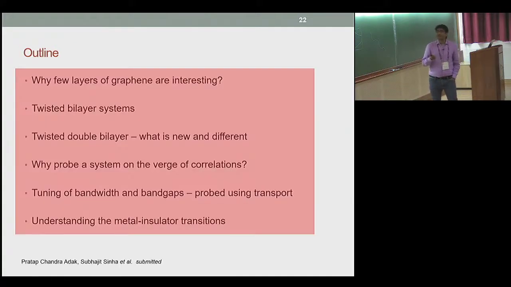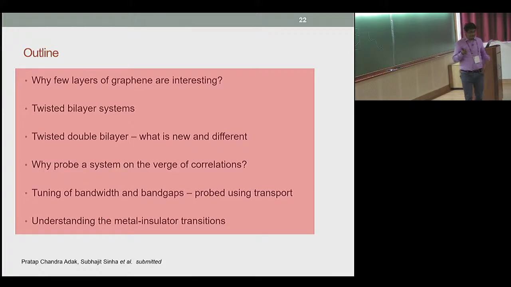So let me just quickly summarize what I promised. We've been looking at this twisted double bilayer system, which I think is a more powerful system because electric field is an important knob. And we understand the essence of the phenomenology that we experimentally observe.